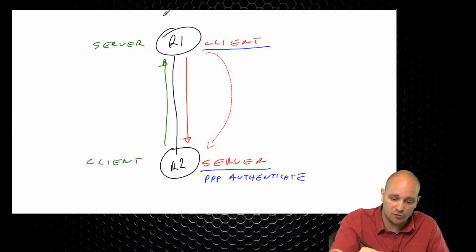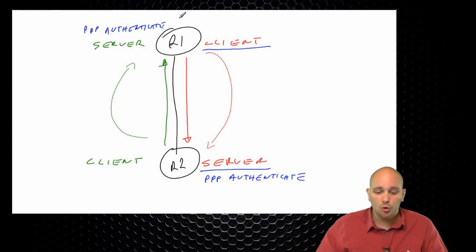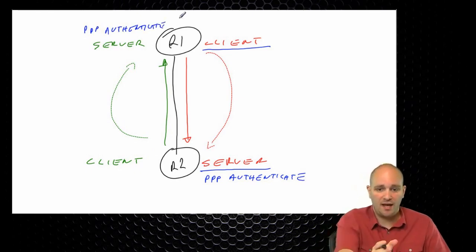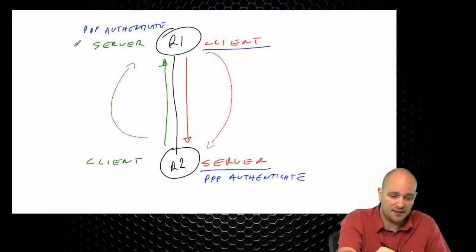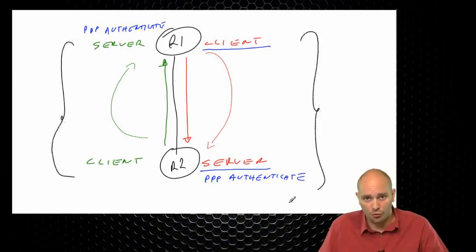For the authentication in this direction, you do need PPP authenticate. But these are two separate processes. We have one that is happening here on the left-hand side, and one that is happening on the right-hand side, the green and the red one.